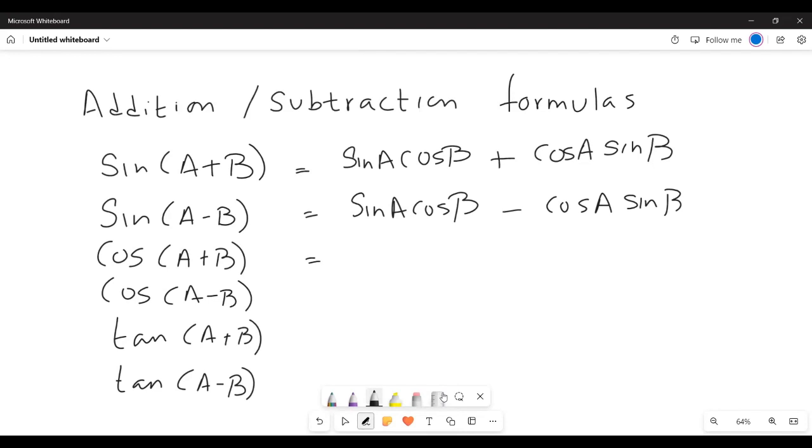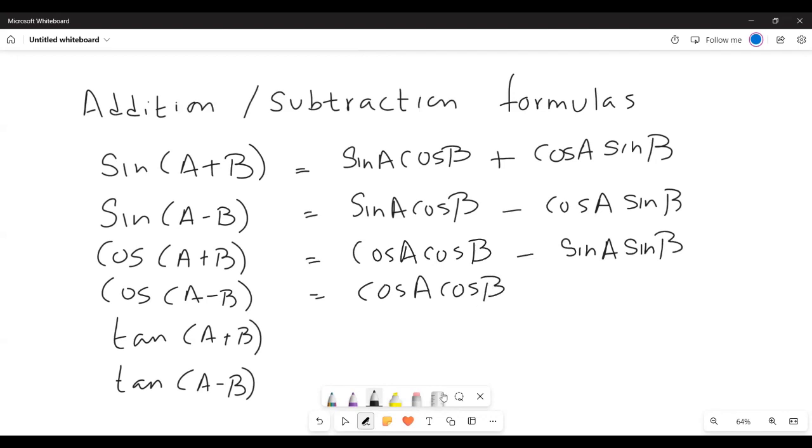With cos a plus b, it's cos a and cos b together. Then the sign flips, negative, and then sin a sin b. Similarly, with cos a minus b, it's going to be cos a cos b, sign flips, plus sin a sin b.